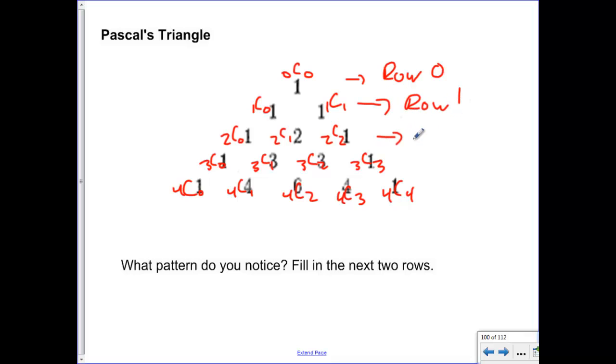This is row 1. This is row 2. Does that make sense? Everything's off by 1 because you have to start with 0. And same thing along these sides. These are always choosing zeros, these are always choosing 1s along a diagonal, and these are always choosing 2s along a diagonal.